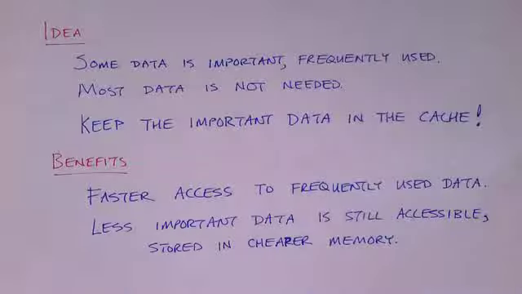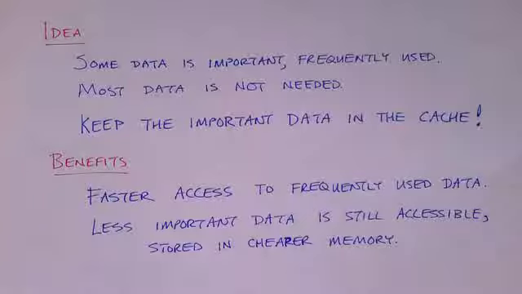The main idea behind cache memory is that some data is important and it's frequently used, and it's critical that it be served to the CPU quickly. However, most data is not. Most data is not needed very often, and it's not nearly as critical.